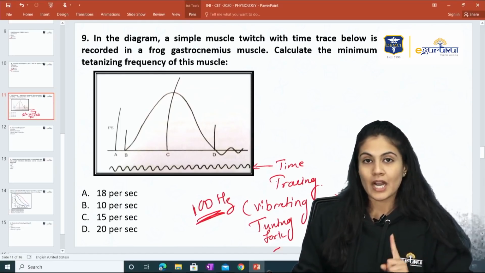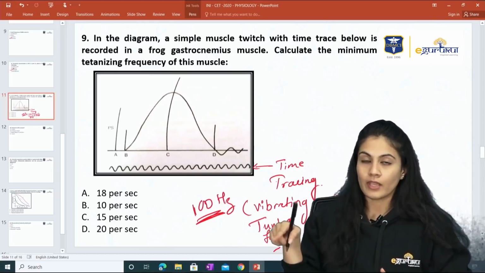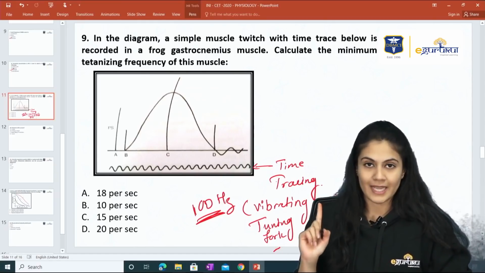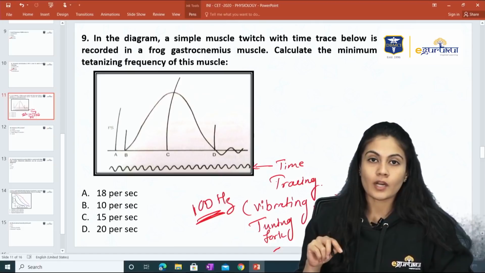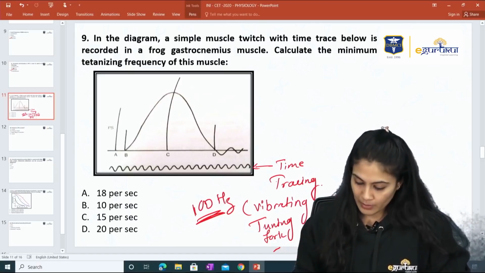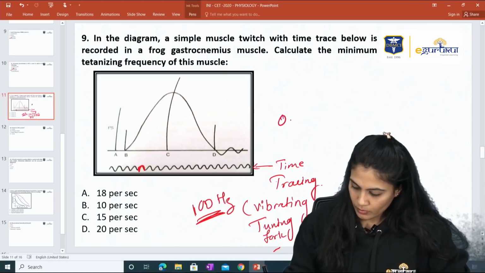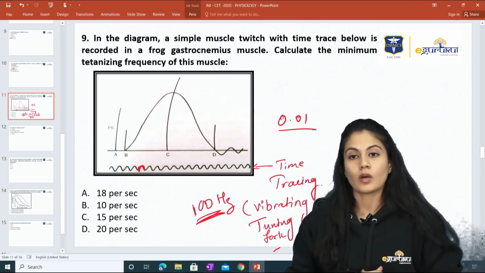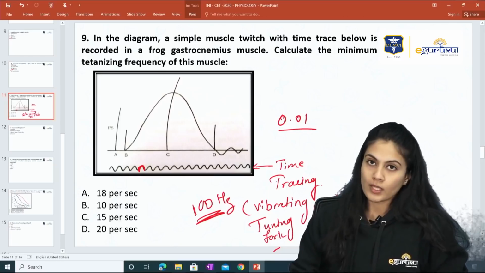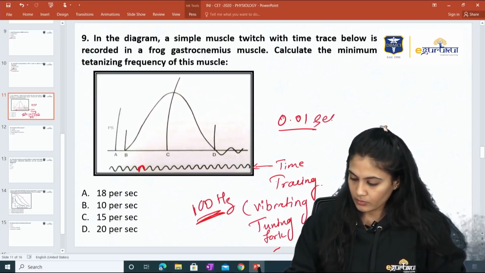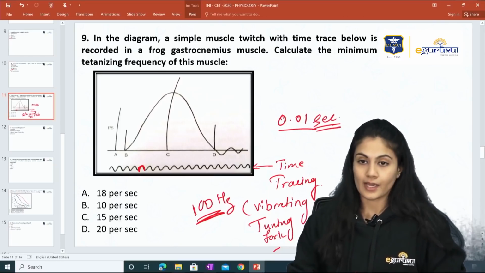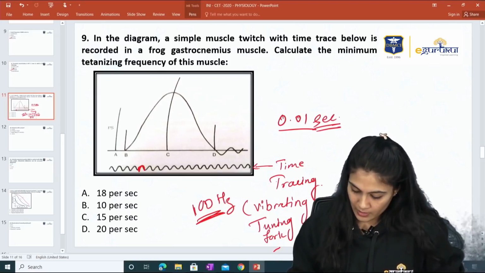The frequency is 100 Hertz, which means it vibrates 100 times per second, so one wave is 0.01 second. So how many waves are there?